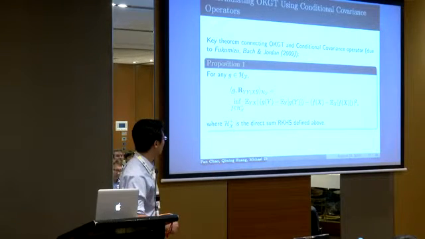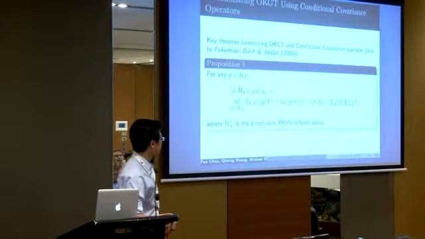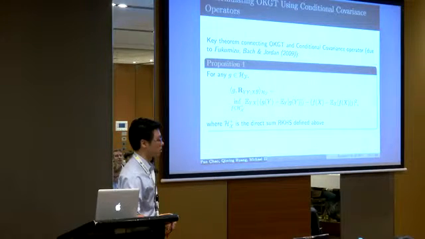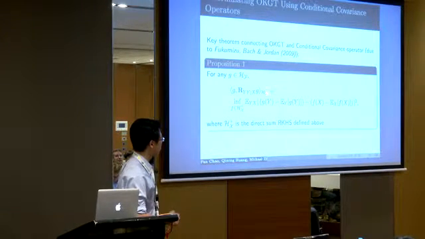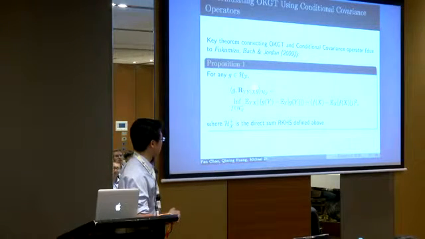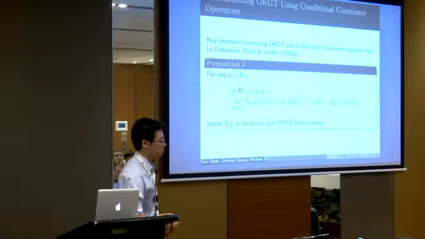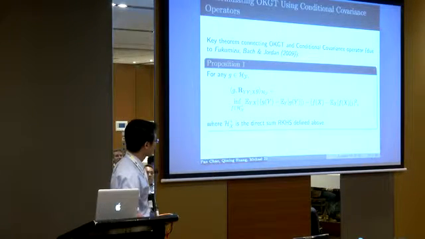Basically, if you use the conditional covariance operator of y given x and apply it on G, it recovers the minimum mean squared error in the y space. So this is just a functional version of regression.